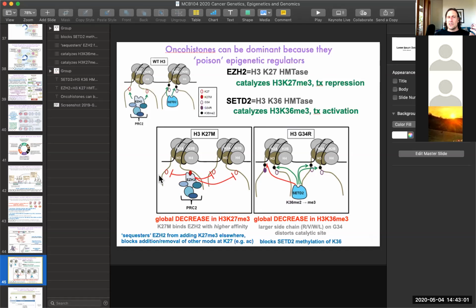So this polycomb complex, it's all about adding this mark, and then this mark will be bound by the polycomb protein, which is like the HP1 protein, heterochromatin protein 1. It has a domain that lets it specifically bind this H3K27 when it's trimethylated.